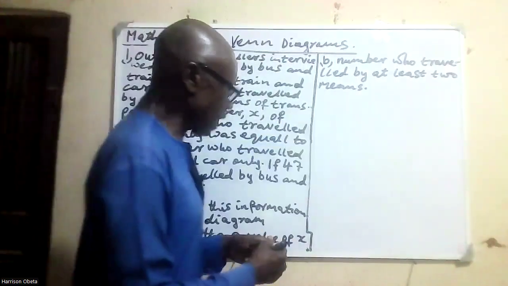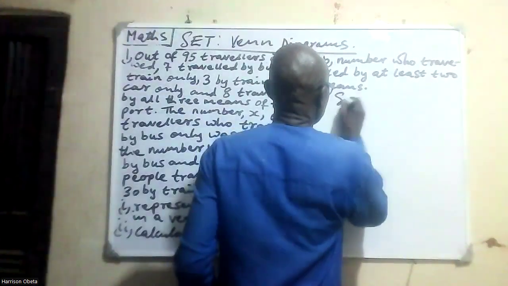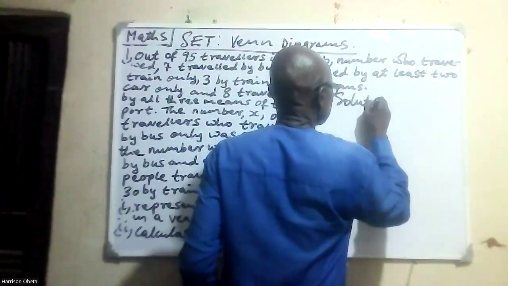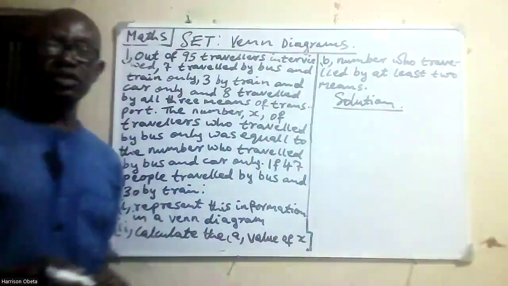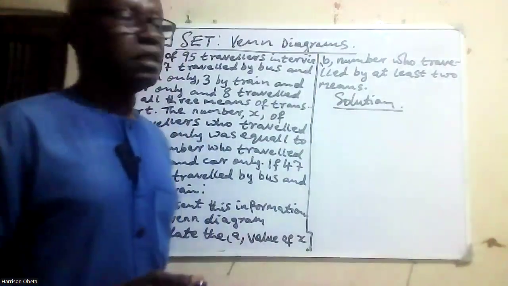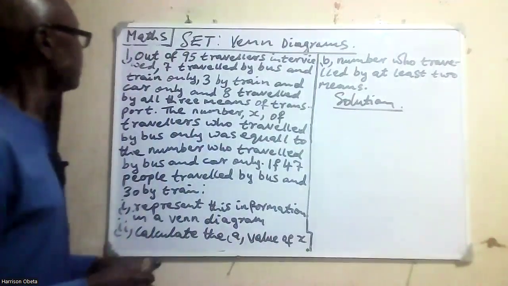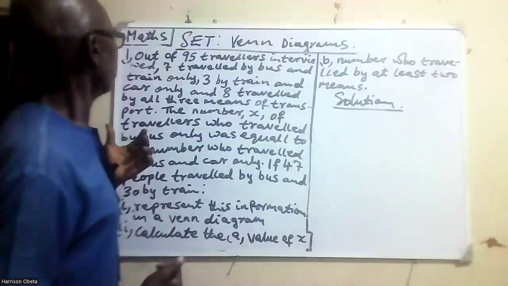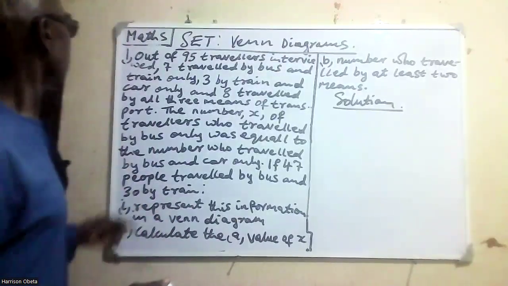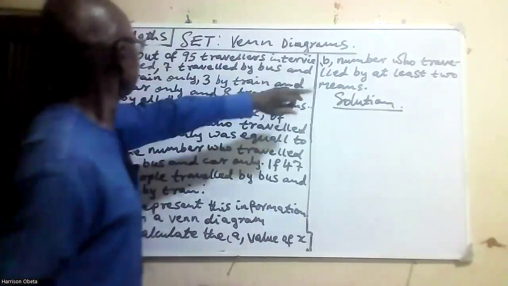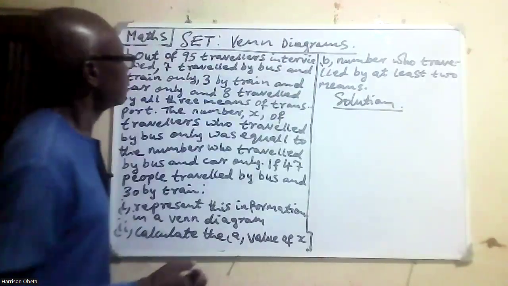So we start. Solution. We are going to be using letters to represent the number that traveled by bus, by train, and by the car. So we were told that out of this, 47 traveled by bus.